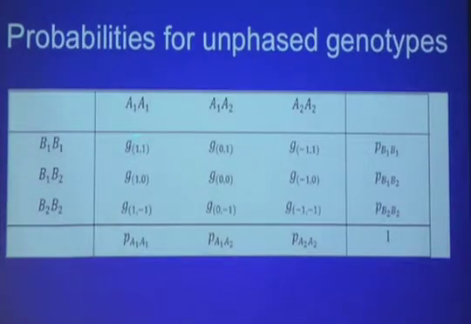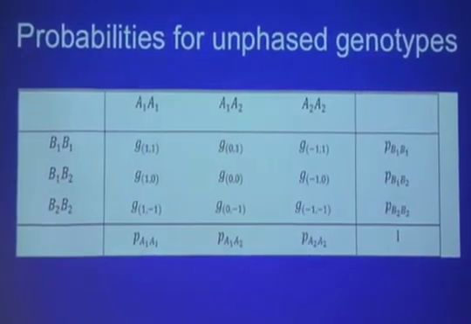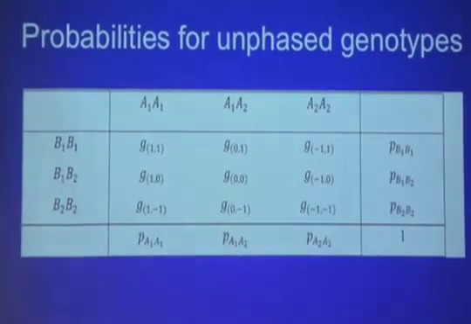So if you are here, clearly all these individuals must have an A1 and a B1. These individuals, only half of them will have an A1 and a B1, because sometimes there'll be an A1 with an A2 or B1 with a B2. Anyway, half of them, that's where this comes from.